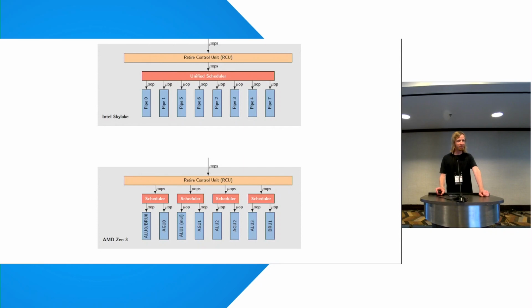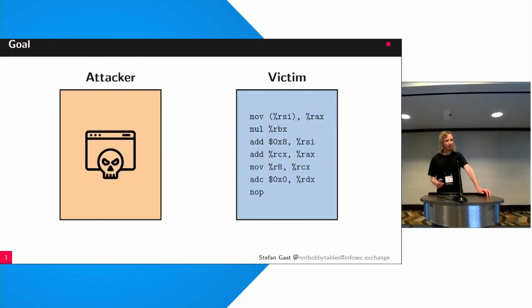Especially, you see these red boxes, the schedulers, which are split on AMD Zen processors, but unified on Intel Skylake processors. And our question basically was whether we can exploit the split scheduler design of AMD processors. The answer is yes, but what do we want to do?